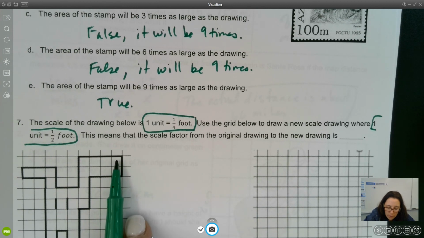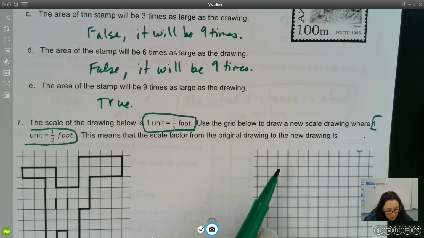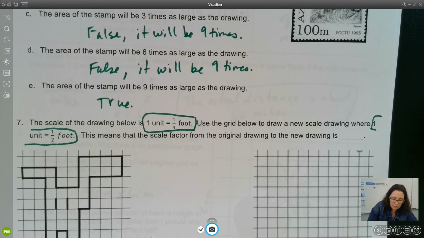If 1 unit here represents a 1/4 foot, and now it's going to represent a 1/2 foot, the scale factor from the old one to the new one is going to be bigger or smaller? Let's think about this for a minute.